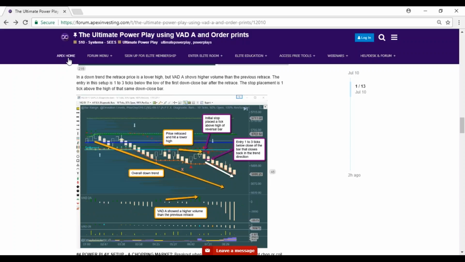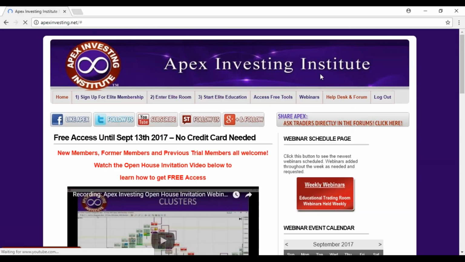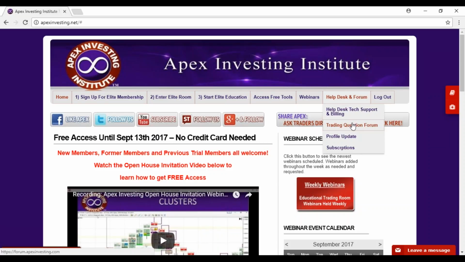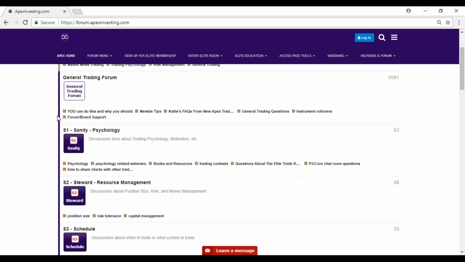Now, let's go through the forum post. There's a complete post about it. I want you to see this and give you a few other examples here. So the oscillation detector is not a system. It's not a strategy. It's an indicator. If you go to the Apex forum and you scroll down, as you've seen, the forum is in sections.